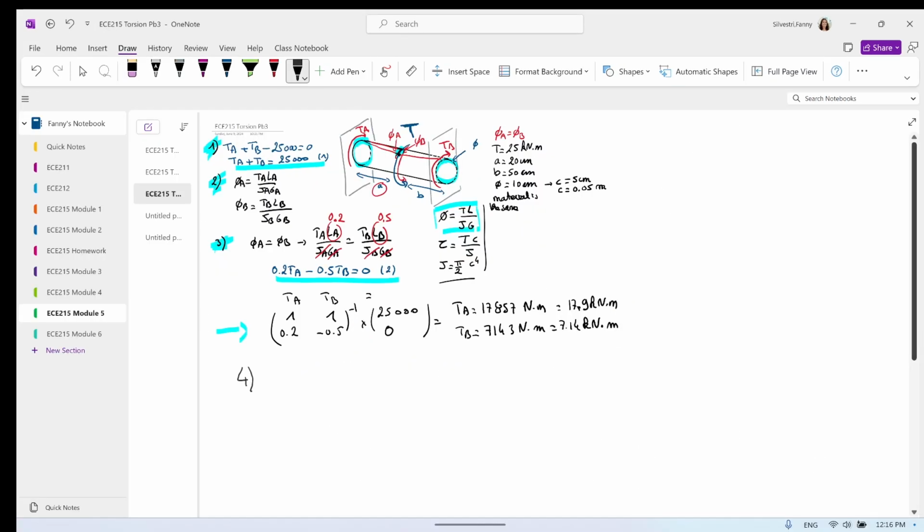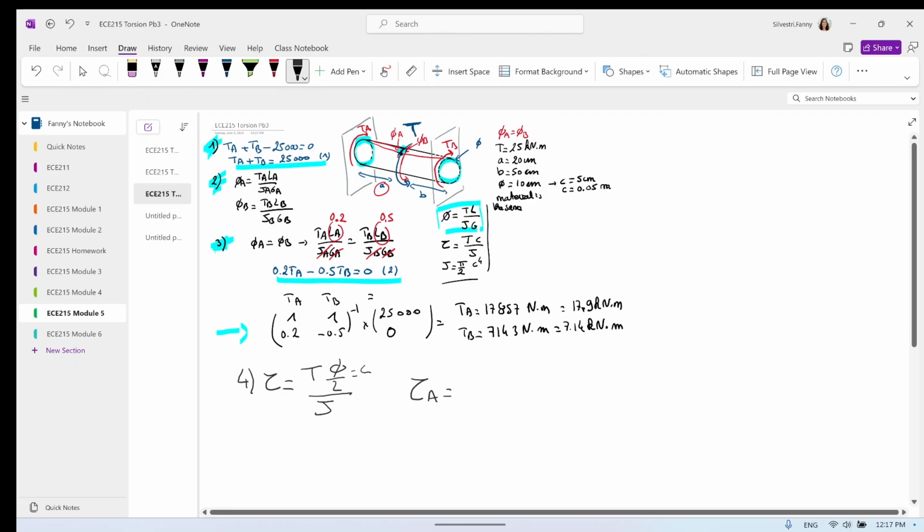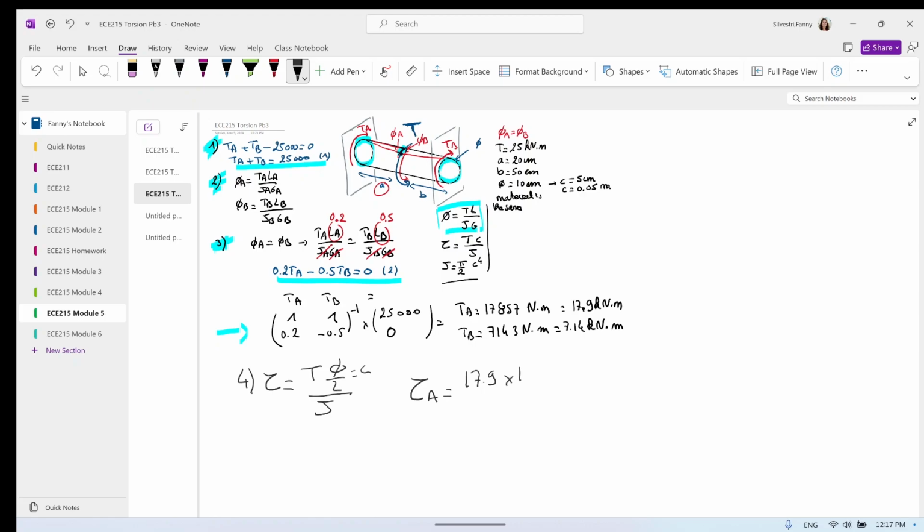So last step, we find tau, which is equal to the torque times the distance from the center, divided by J. The radius, the diameter divided by 2, is equal to C. So tau at A will be equal to 17.9 times 1,000 to get newton meters, times C, the radius, 0.05, divided by J, which is pi divided by 2 times the radius to the fourth.